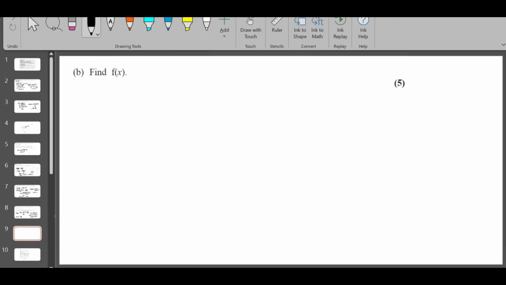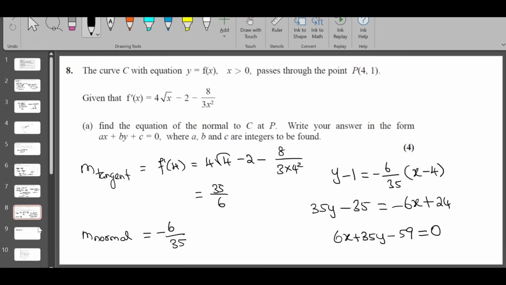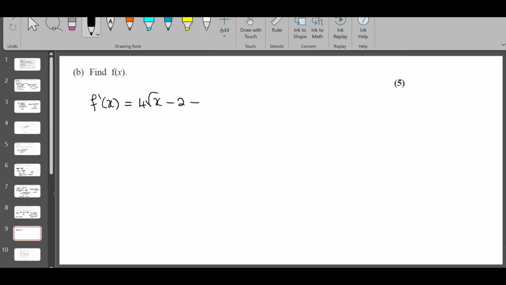Part B, find f of x. Okay, we have f dash of x is equal to 4 square root of x minus 2 minus 8 over 3 x power minus 2 if you put it in the numerator.